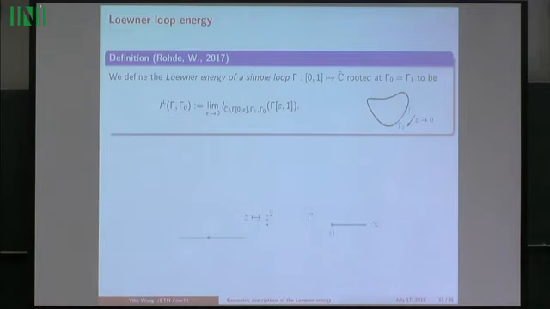In joint work with Steffen Rohde, we consider this generalization of the chordal Loewner energy, the Loewner energy of a simple loop. Let's take a simple loop sitting on the Riemann sphere, so not only the complex plane, but with infinity added.